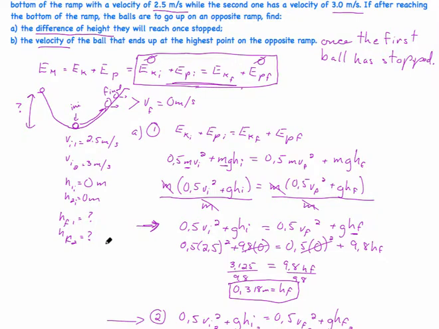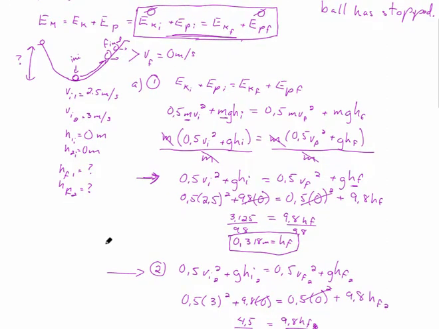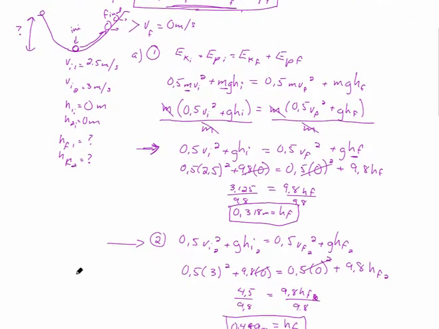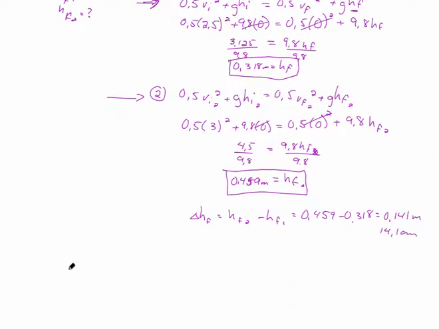On the opposite side, once the first ball has stopped, if they were to be thrown at identical times, or reach the bottom at identical times, okay, so they're going up the ramp, right? Ball number 1 is going to stop here, let's say, while ball number 2 is going to stop here.